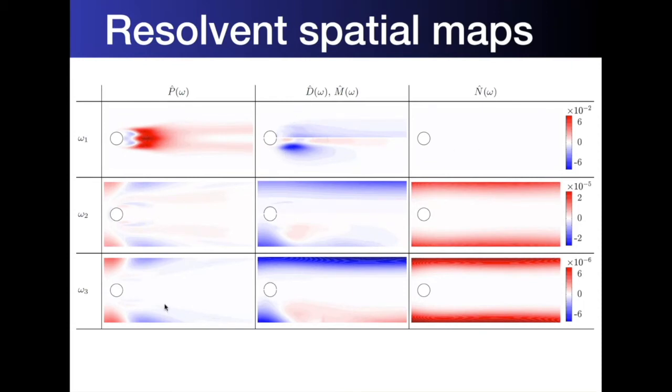And if we look at the second and the third harmonic, the resolvent predicts a free stream mode, free stream structure. And the reason that the resolvent struggles is because resolvent is like a quasi-linear analysis. It gives you good predictions of structures which take their energy from the mean flow. And as we saw from the energy balances previously, omega-2 and omega-3 don't get their energy from the mean flow, they get it from omega-1. So the resolvent doesn't really have much hope in being able to predict what's taking place at these frequencies.